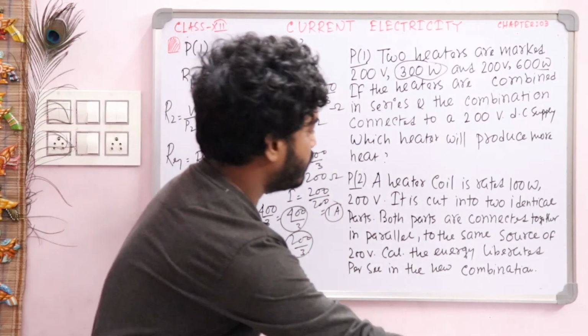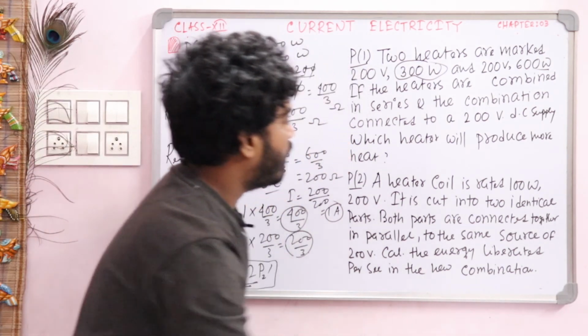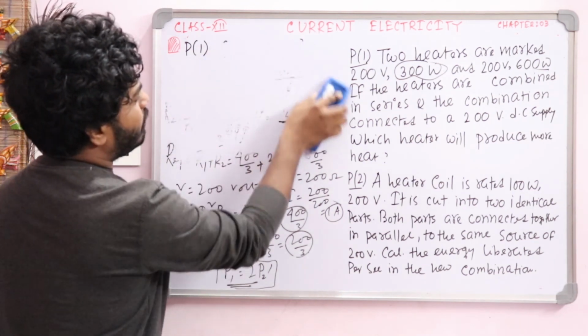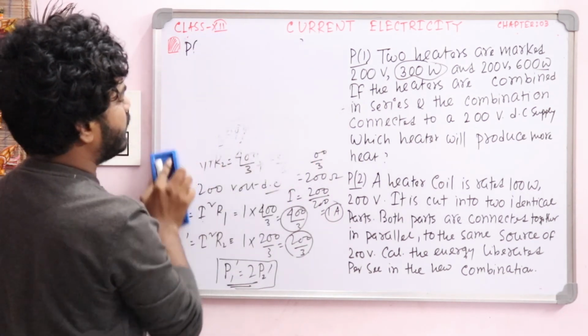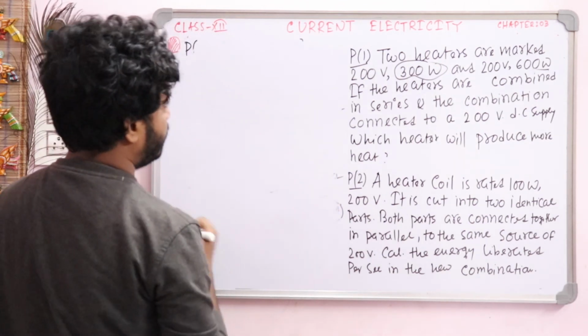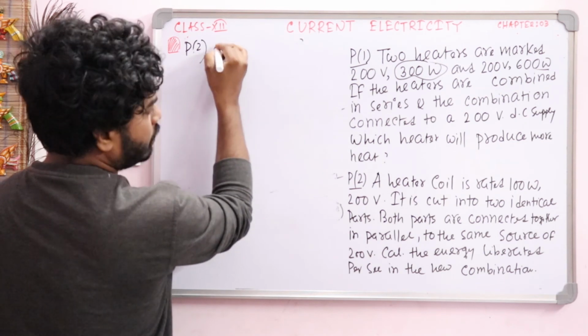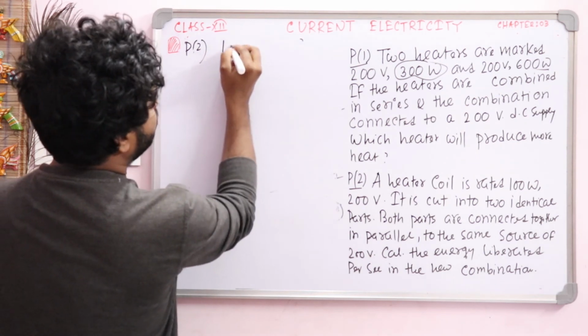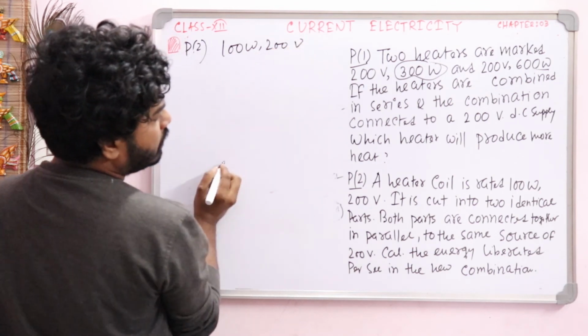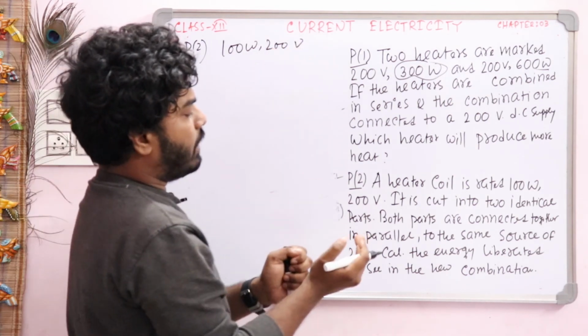In problem 2, given is a heater coil with a rating value. At first you write down the rating value. Problem 2, rated value 100 watt, 200 volt. Then it is cut into two identical parts.